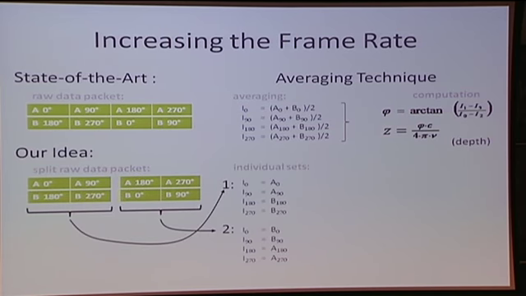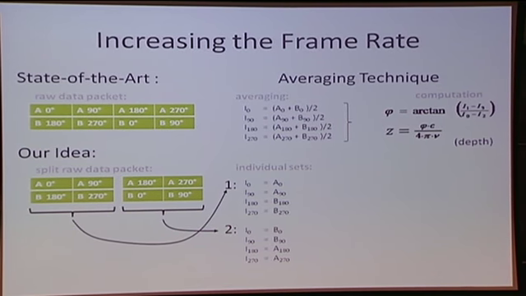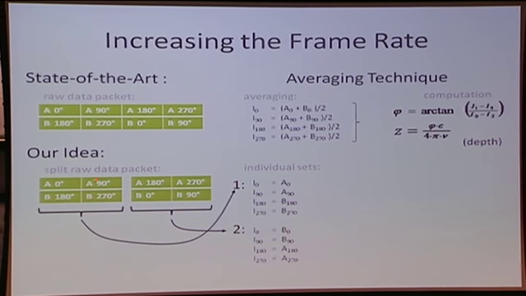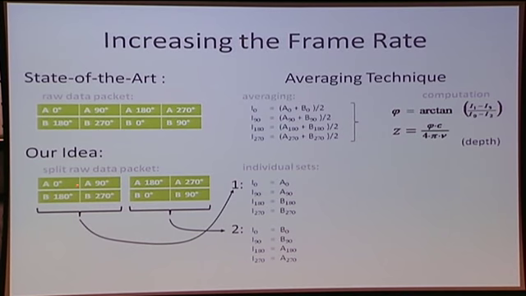So our idea is simply to split this raw data package, because the 2 halves of the package now contain in principle the same information. So you have all required samples, meaning all angles measured by each half.